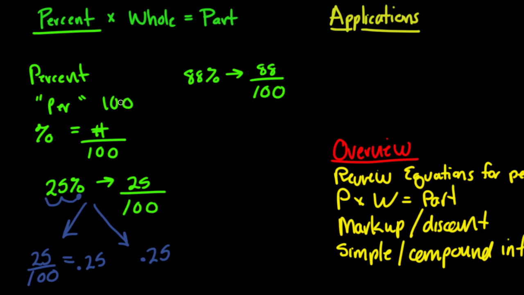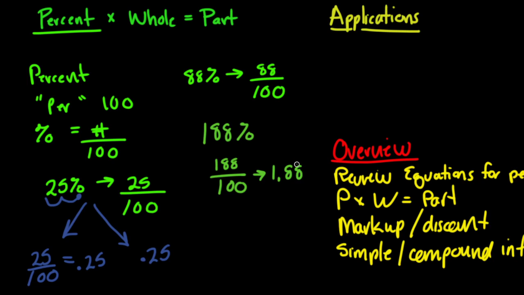Now this works with numbers that are greater than 100 as well. Take a look at, let's say, 188%. This is the same thing as 188 divided by 100, which as a decimal is 1.88.